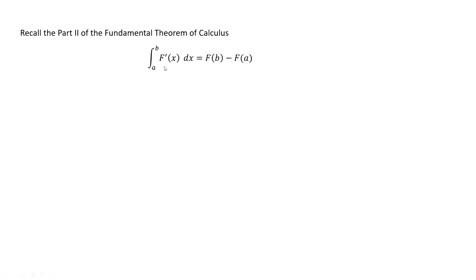For example, if I have the integral of cosine x dx, then I don't evaluate cosine of b minus cosine of a. Instead, I go to the antiderivative of cosine x, which is sine of x. Evaluate sine of b minus sine of a to get the integral.